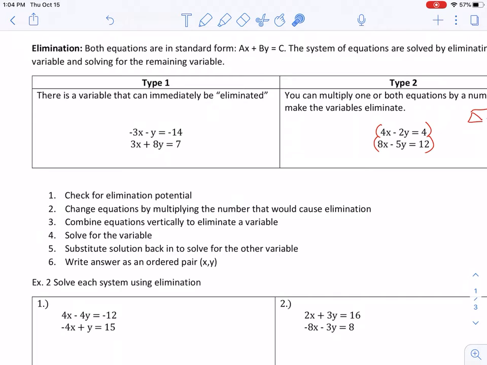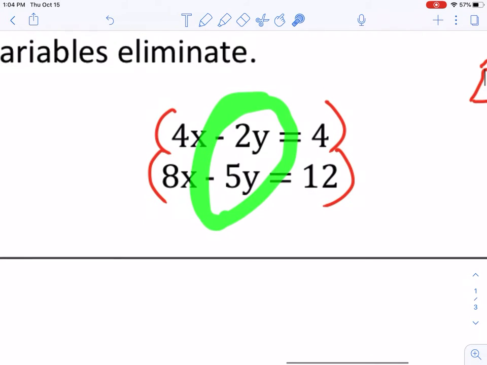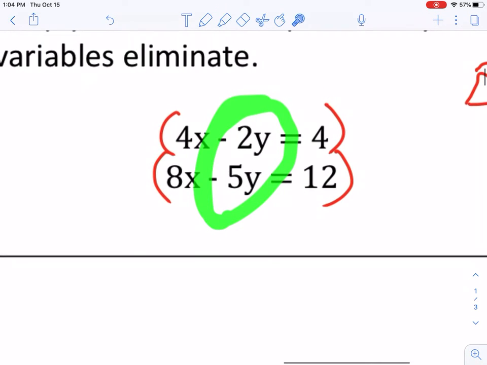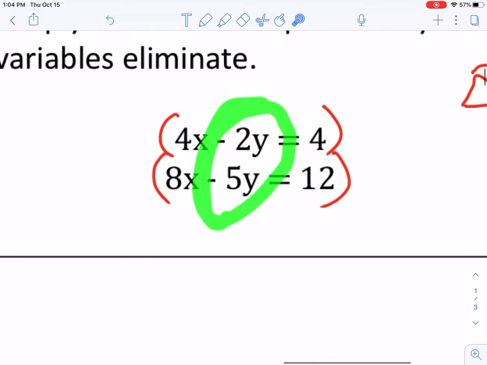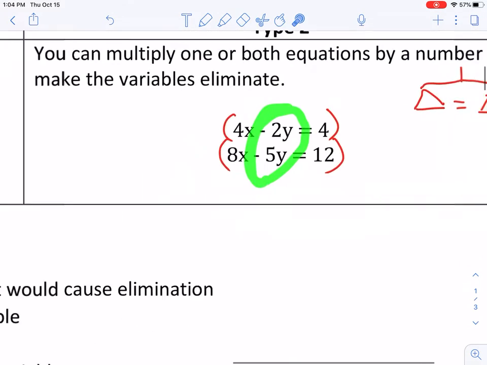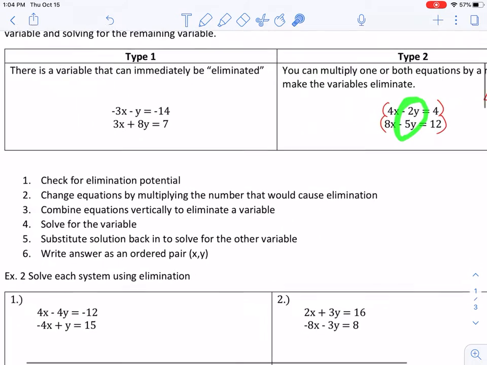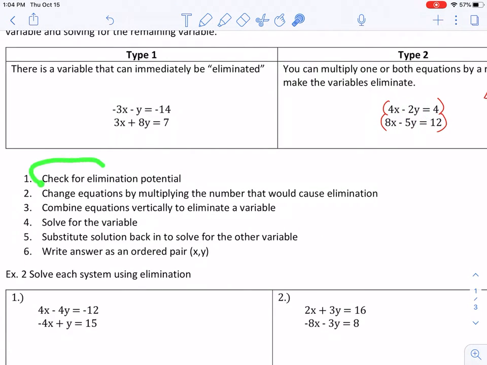So I'm looking for elimination potential. In order to get these two to eliminate, I would have to multiply a 5 to the top and maybe a negative 2 to the bottom to give me a negative 10 on top and a positive 10 on the bottom. So we could change both equations if we need to, but we're checking for elimination potential first.